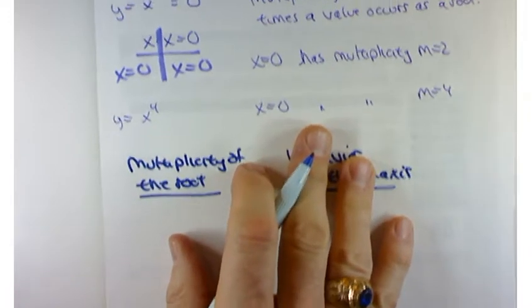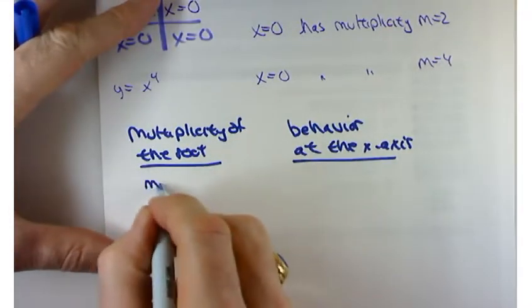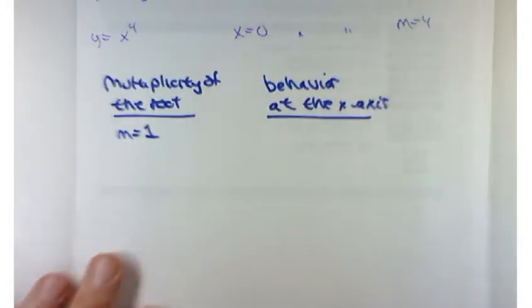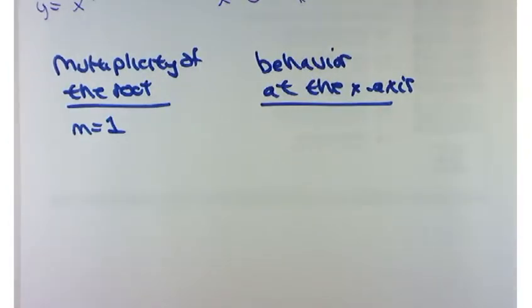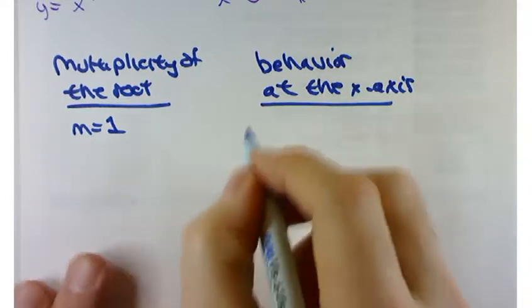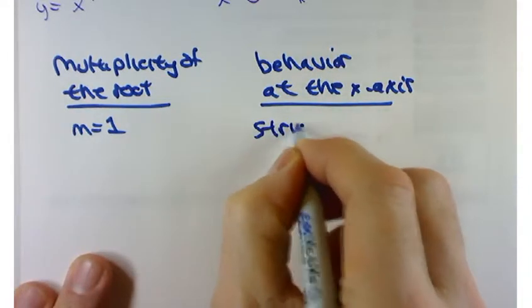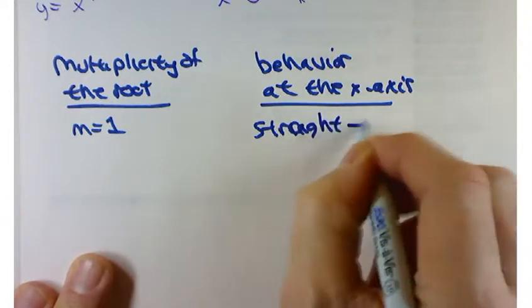So there's three possibilities. You could have a multiplicity of 1, in which case your function is going to pass straight through the x-axis. So that's one possibility. Straight through.